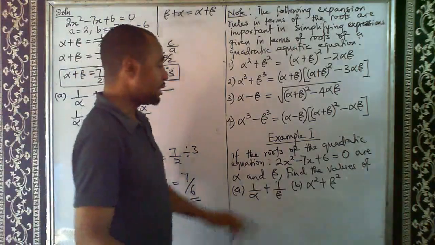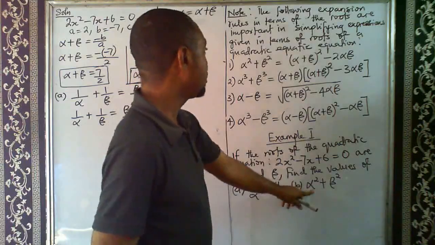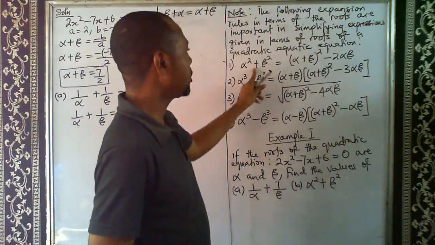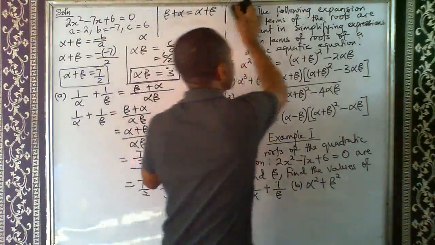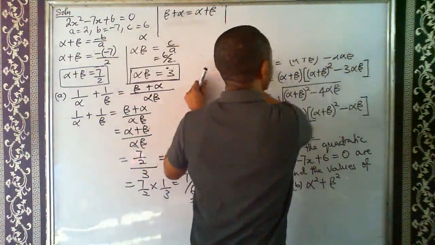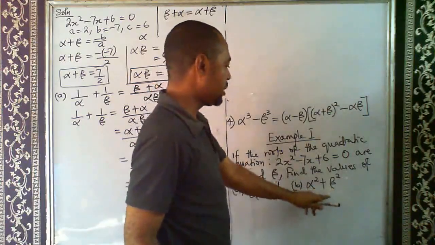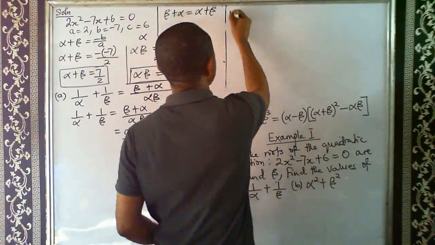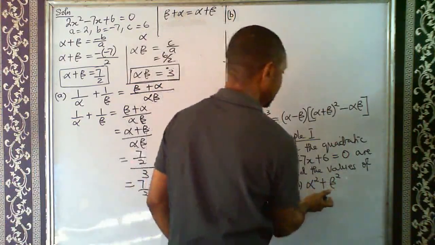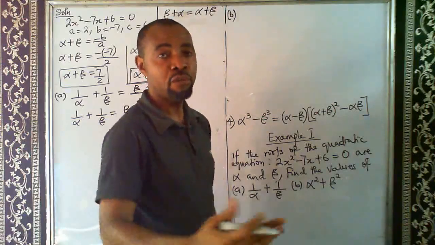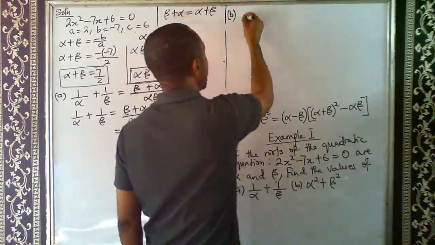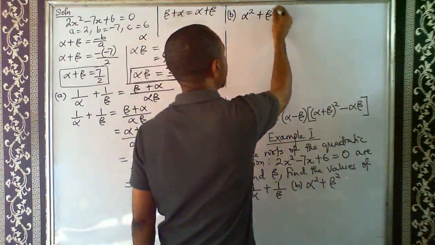Okay? Then for the B part of the question, we are asked to evaluate this. Already we have an expression for that. We cannot evaluate this without transforming it to be in terms of what? Sum of roots and product of roots. So alpha squared plus beta squared.